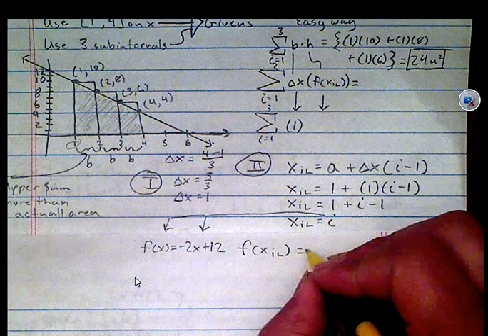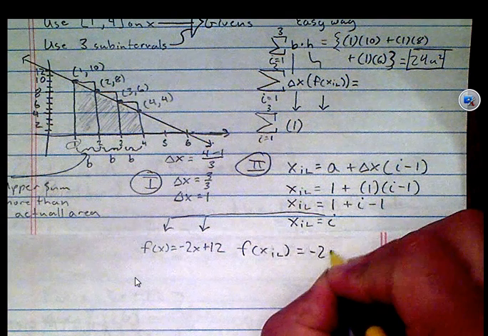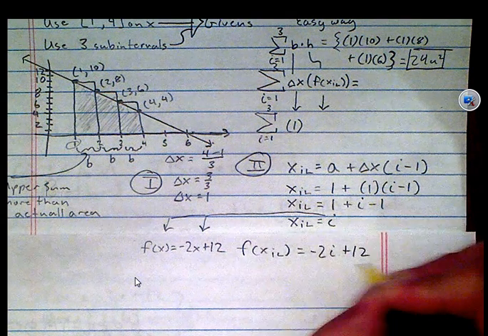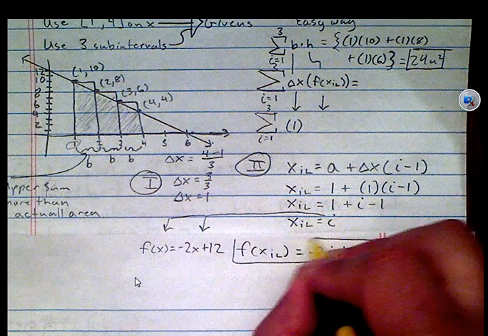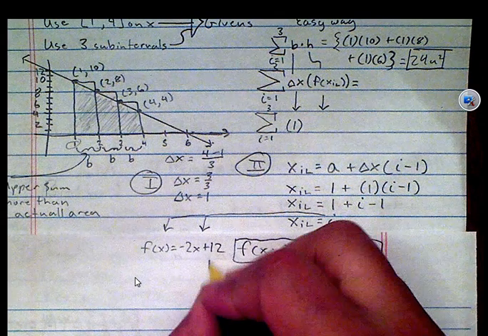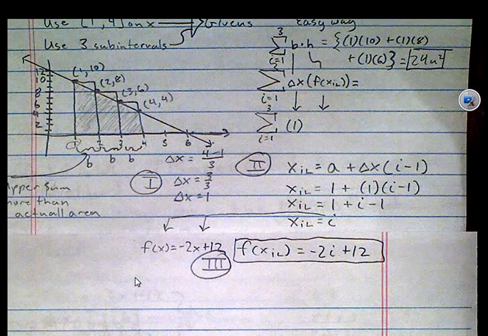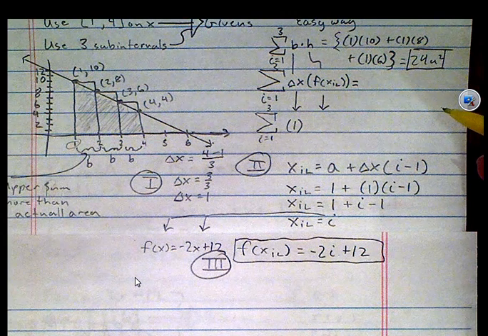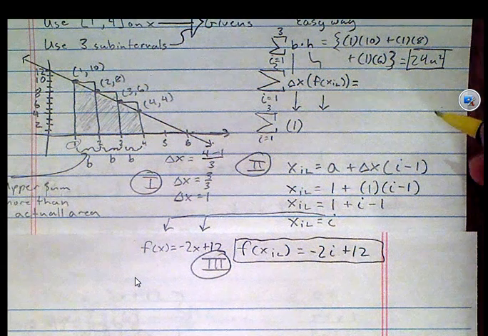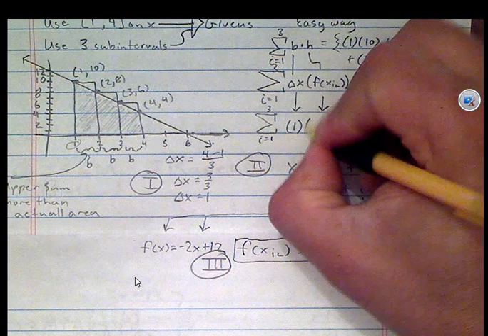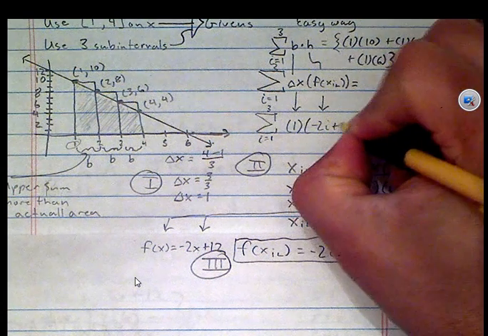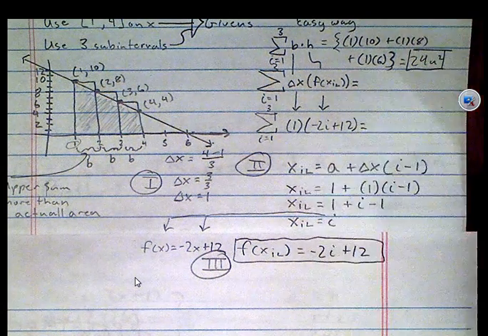So now we're just replacing an x with an i. It's like we almost didn't do anything. Well, who cares? Cha-ching, you got what you need. So there's f of x of i sub L. So smack it in there. Negative 2i plus 12.